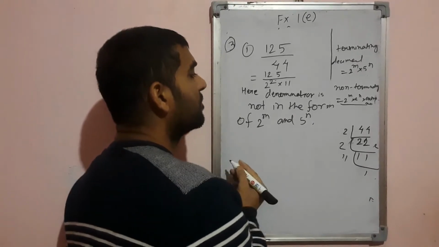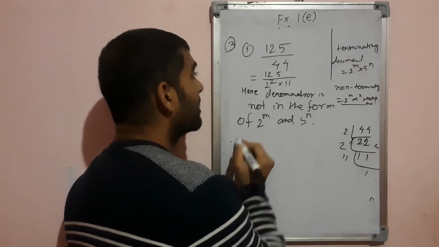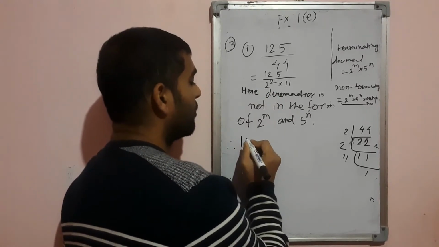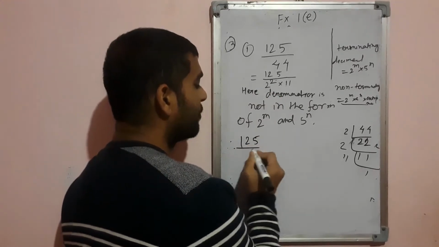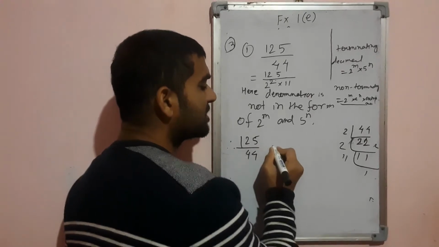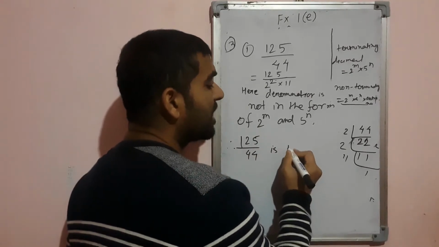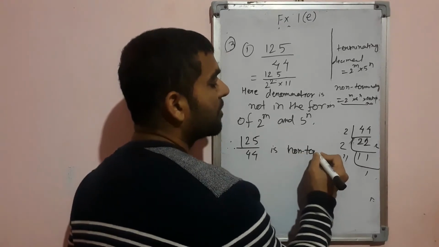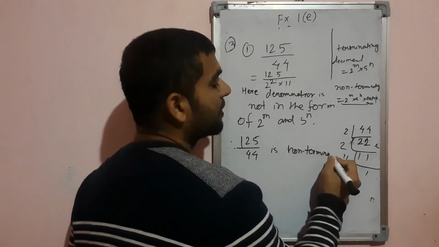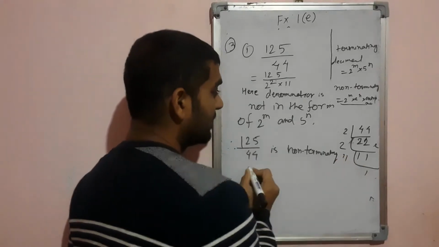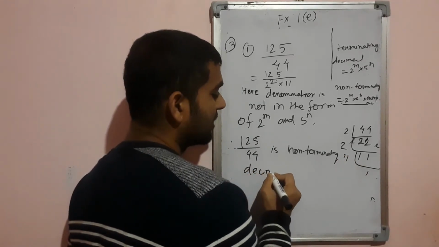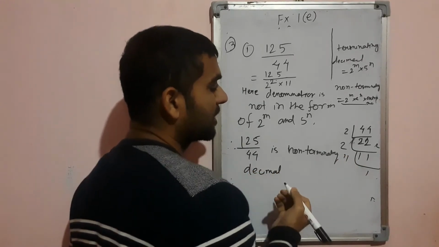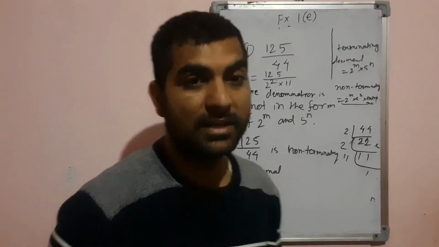Okay, so then what will we write? Therefore 125 by 44 is non-terminating decimal expansion.